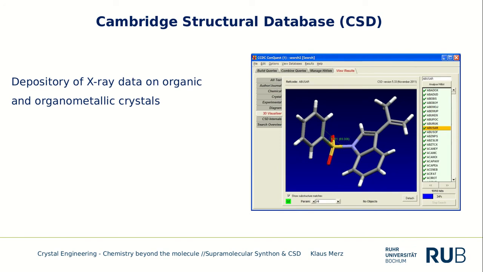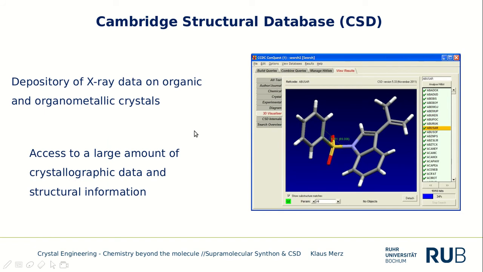It is restricted to organic and organometallic crystals. You will not find the crystal structure for lithium chloride, for example. But if you are interested in lithium chloride as a hydrate, yes, you will find it.